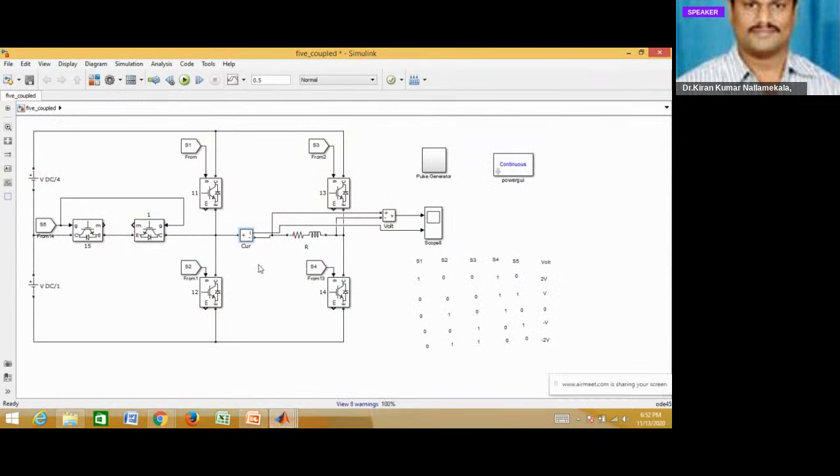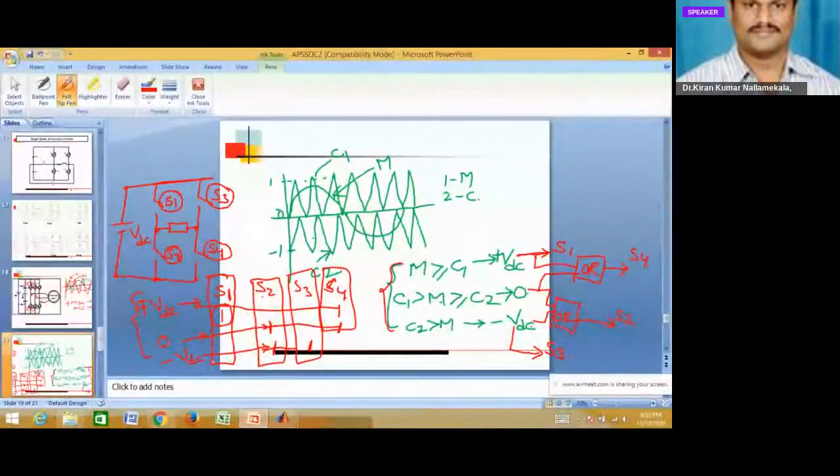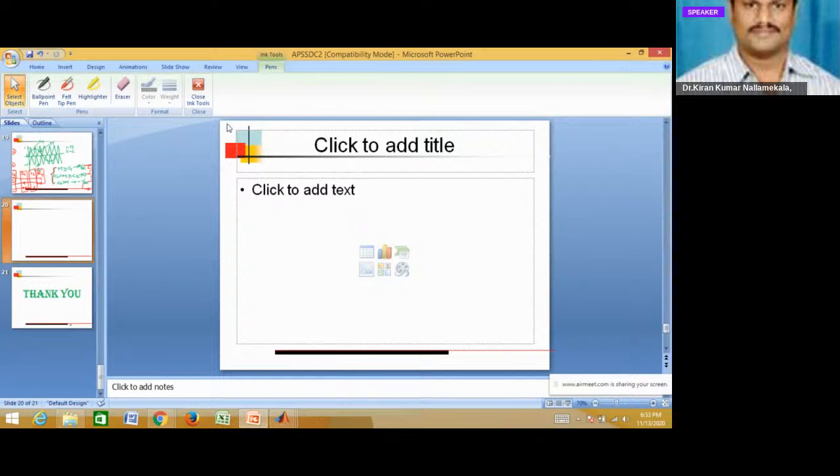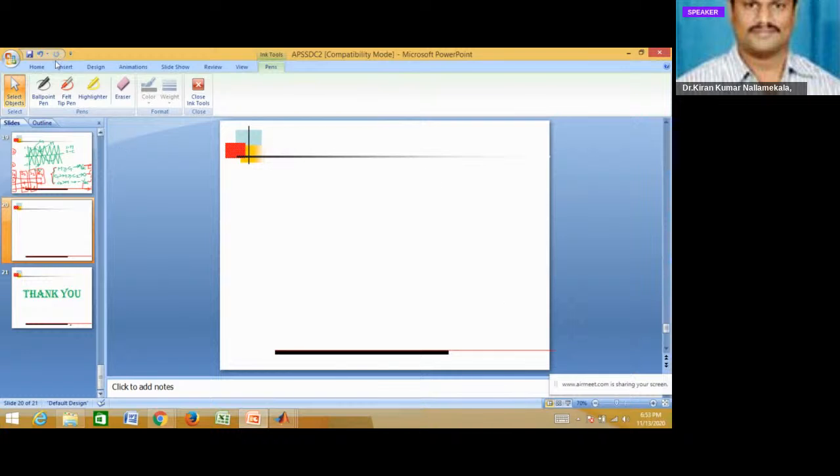This is a 5 level inverter wherein 4 conventional switching devices and 1 bidirectional switch are taken, and the logic to generate 5 voltage levels I will explain here. I will draw the circuit.